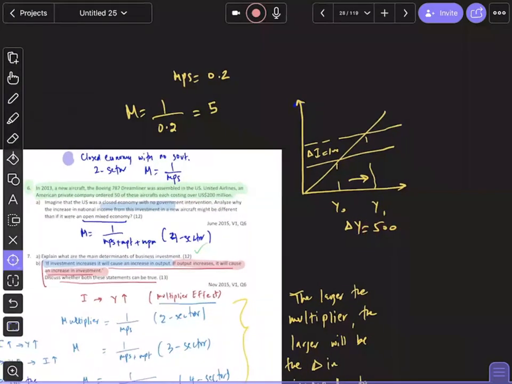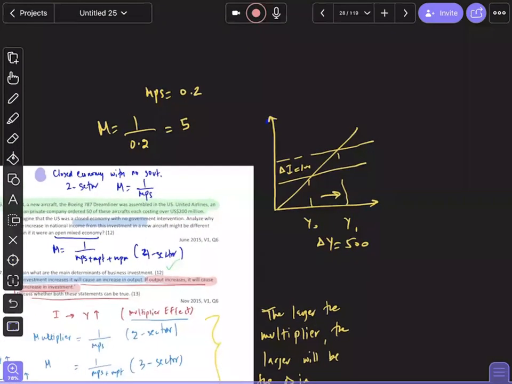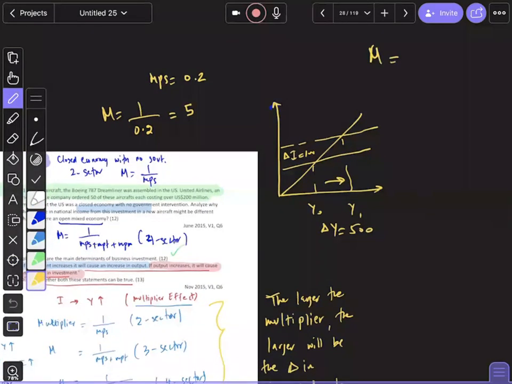But when your multiplier has more withdrawals happening in terms of MPS and MPT and MPM, your multiplier will become smaller, let's say 1 over 0.5. And what is 1 over 0.5 equal to? 2, for example. And therefore, change in Y will be equal to 2 times 100, which means only 200.